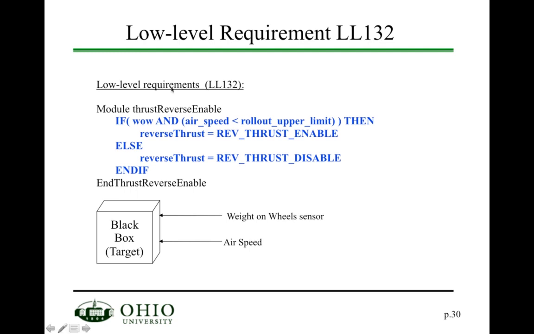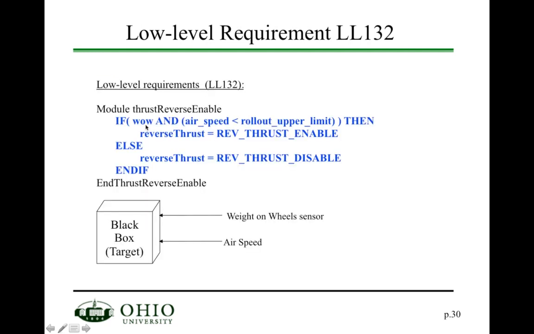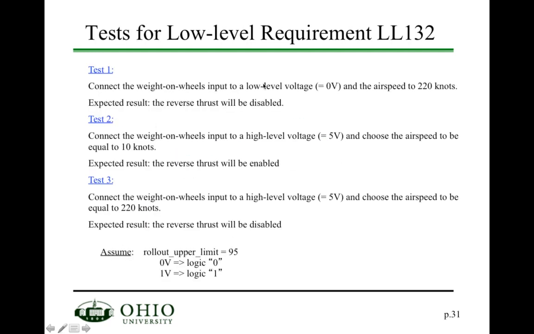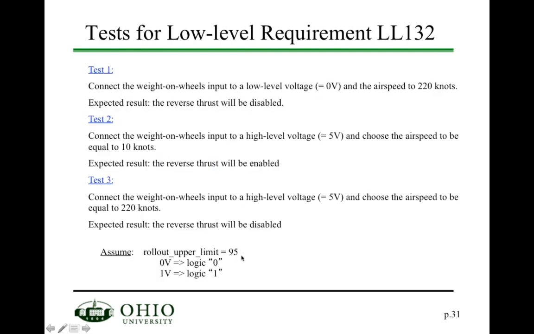So let's look at this low-level requirement, and now say based on this low-level requirement, somebody came up with the following 3 test cases. The first case: the connect weight on wheels input is too low, which means this will be false, and the airspeed is 220, and of course the rollout upper limit is 95.